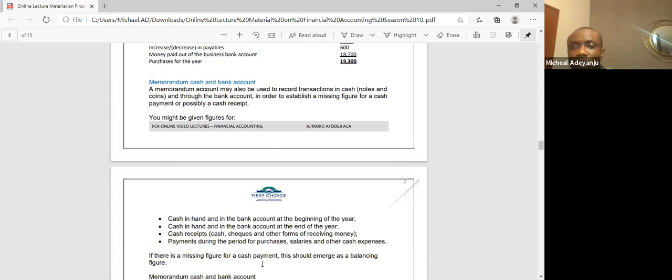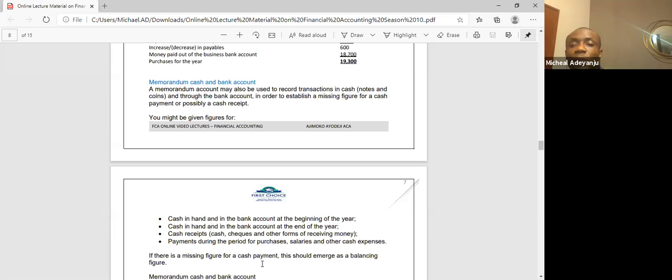Okay, so today we've looked at how to look at your capital. We've actually looked at how to look at your purchases, your sales. We've looked at line items on looking at your profit itself. Although we've looked at line items on how to determine your cash, let's look at it one more time. A memorandum account may also be used to record transactions in cash, notes, and coins.